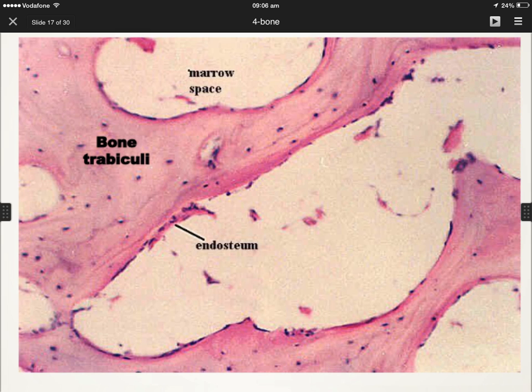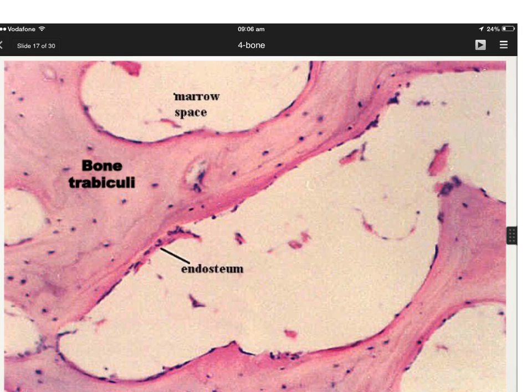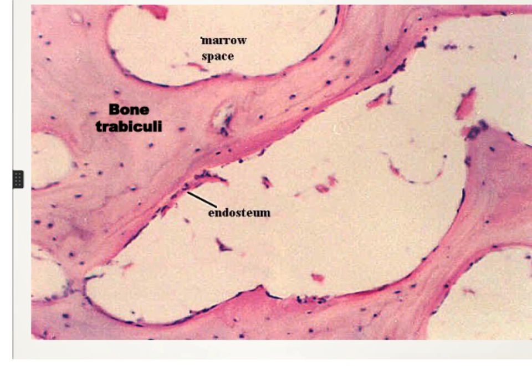This is another picture also for the spongy bone. We have here the bone marrow cavity. All of this is the bone marrow cavity. It is lined by the endosteum, which contains the osteoblasts.